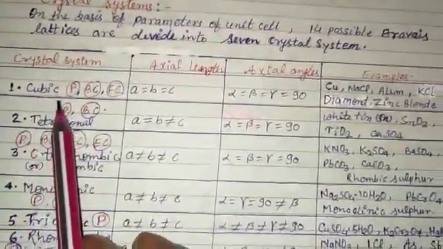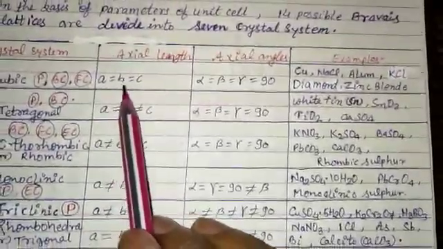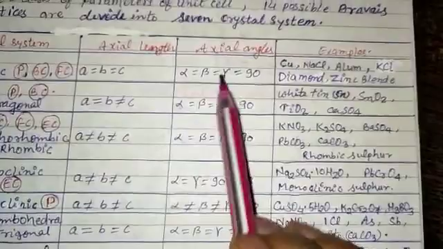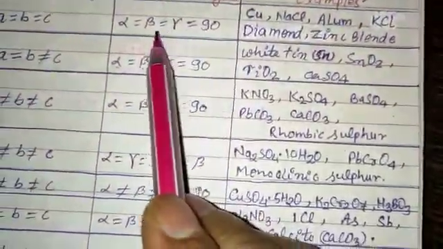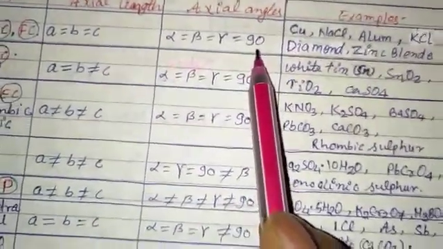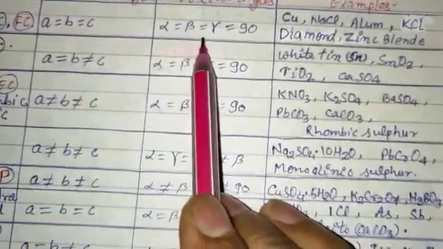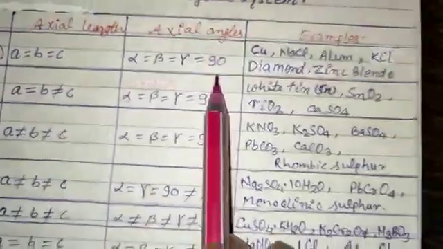Now see the characteristics of each type of lattice system. In the cubic lattice system, the edge lengths are equal, a equals b equals c, and the axial angles alpha, beta, gamma are 90 degrees.